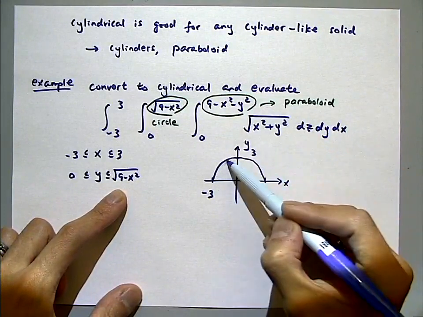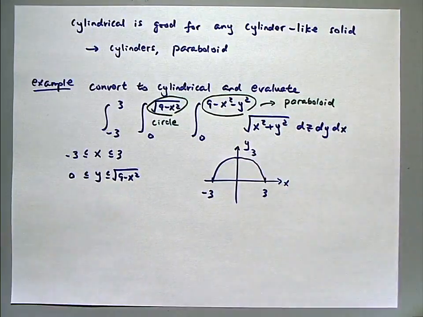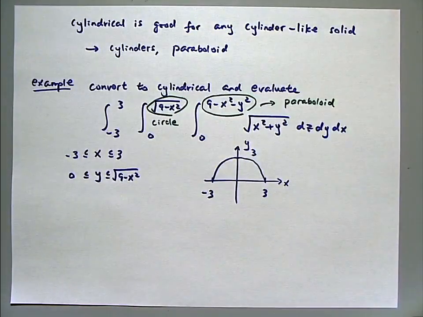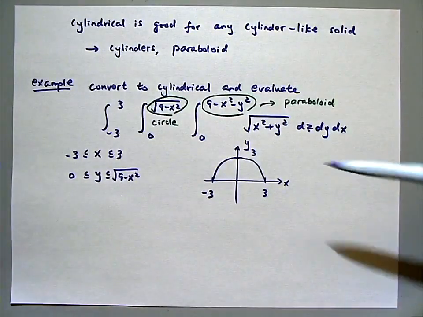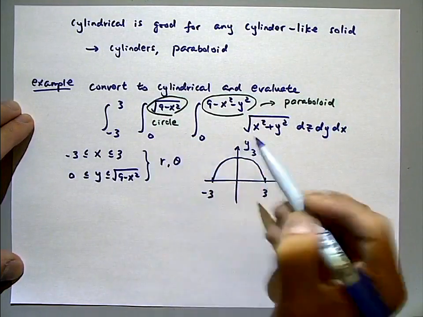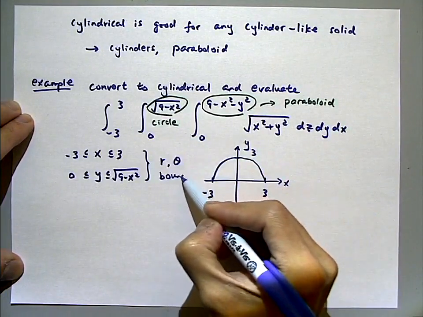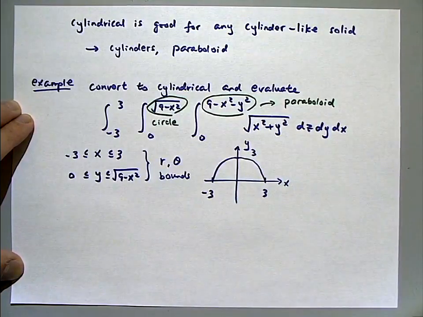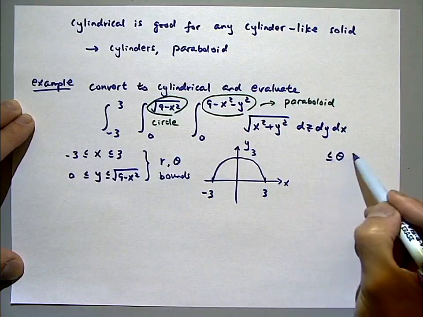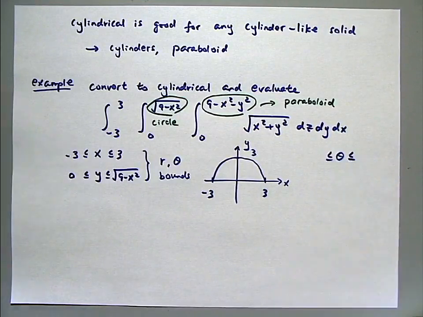All right, so this is the region we're dealing with. And then above this region, there's some kind of z going on. That's fine. We don't have to worry too much about that z. We're not changing too much with z. All we need to do from here is to get r and theta bounds. So, how shall we bound theta?